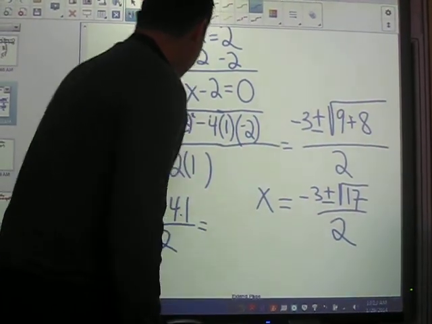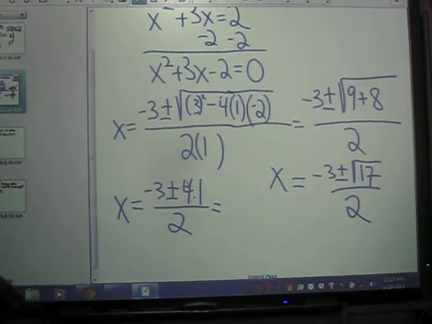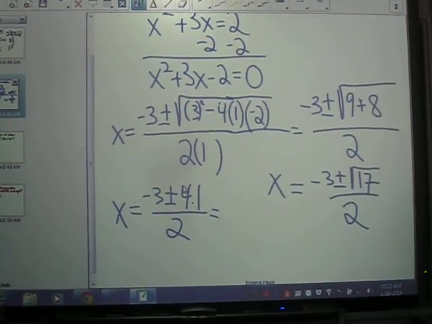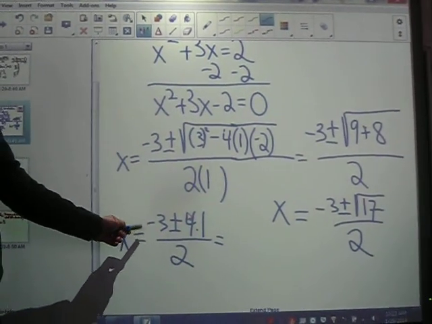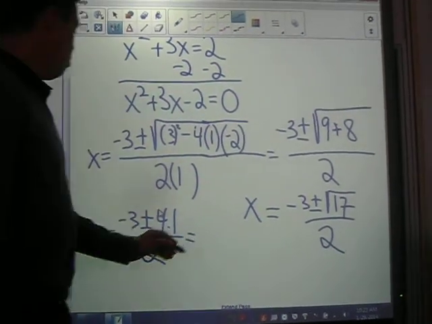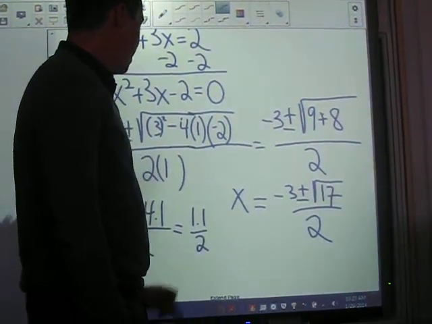So let's do the same thing we did before. Negative 3 plus 4.1 is what? Start with negative 3, add 4.1. 1.1. 1.1 over 2.